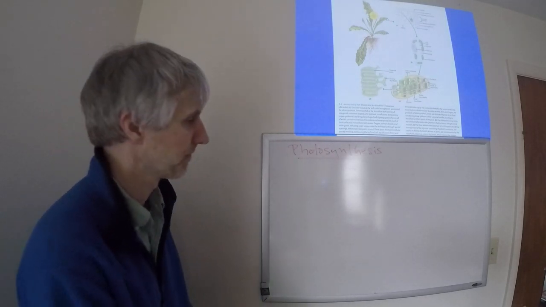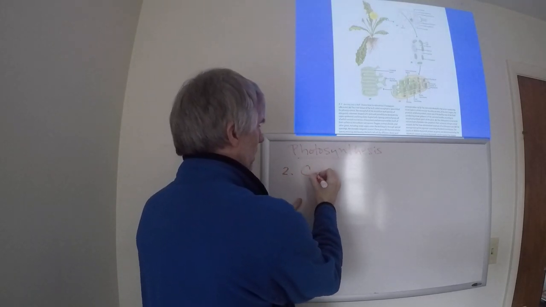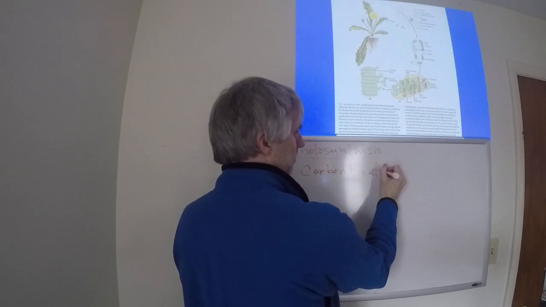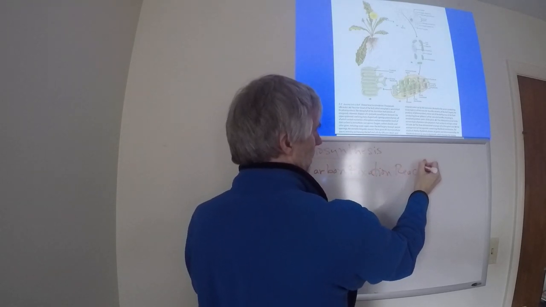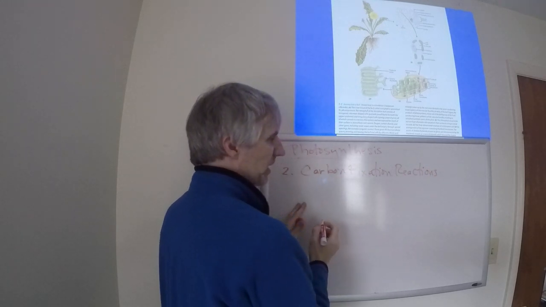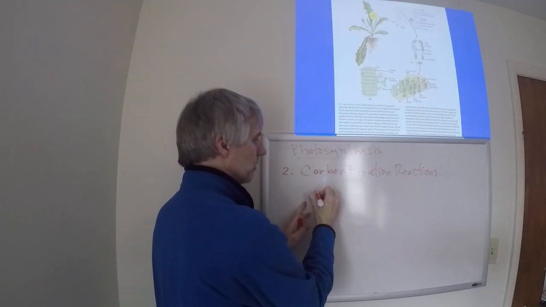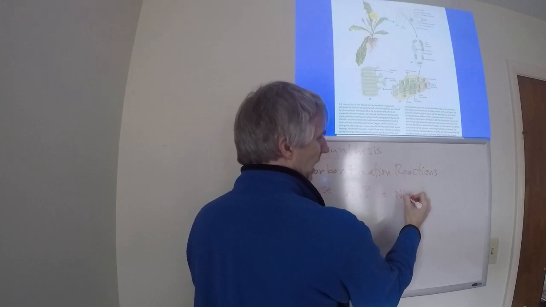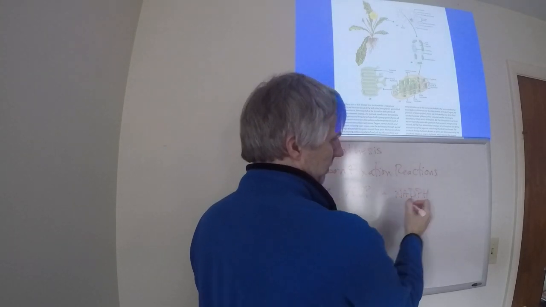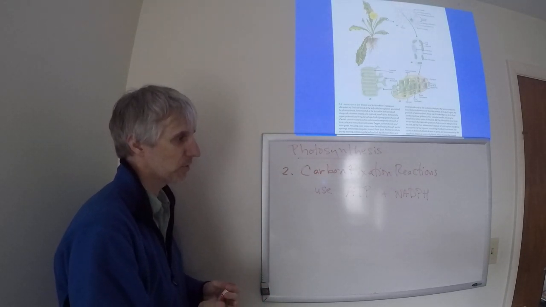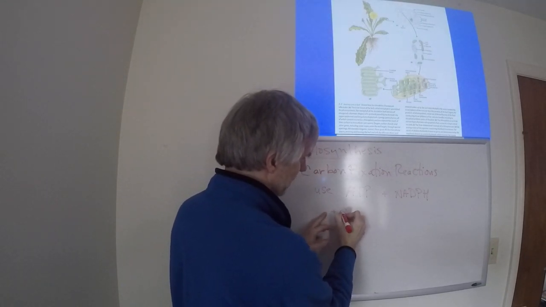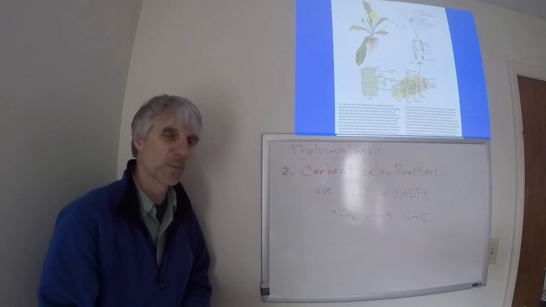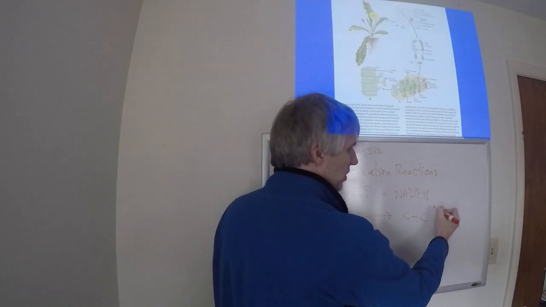Number 2, carbon fixation reactions. In the carbon fixation reactions, I'm going to use ATP and NADPH, and I'm going to use those in addition to carbon dioxide to make carbon-carbon bonds.